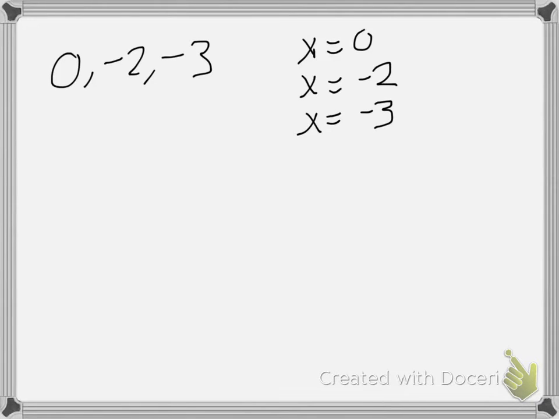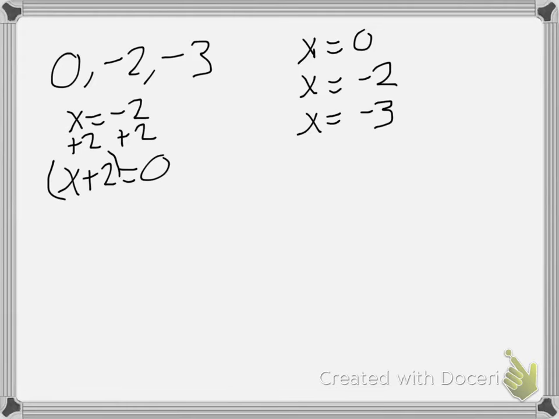So, what we want to do is say, well, if x equals negative 2, I'm going to start with that one. X equals negative 2. I'm going to add 2 to this side, and I'm going to add 2 to this side. So x plus 2 equals 0. This, ladies and gentlemen, is one of your zeros, x plus 2. X equals negative 3.